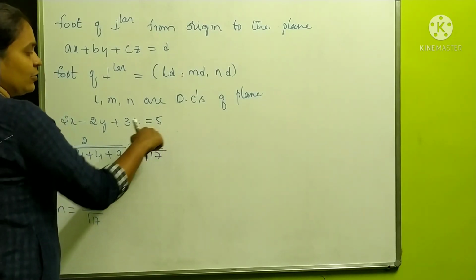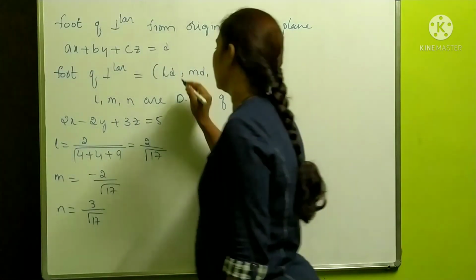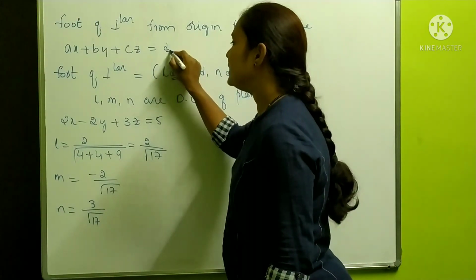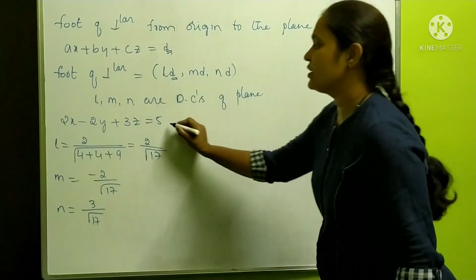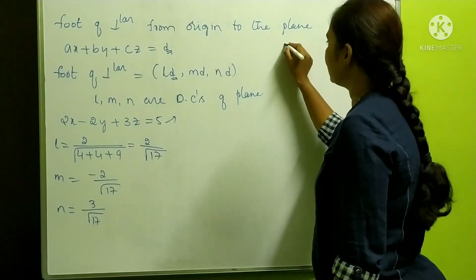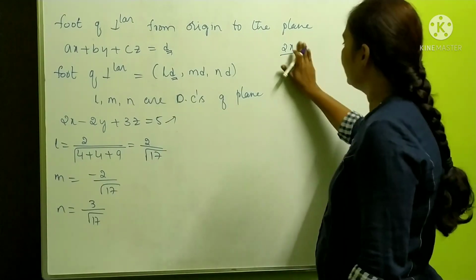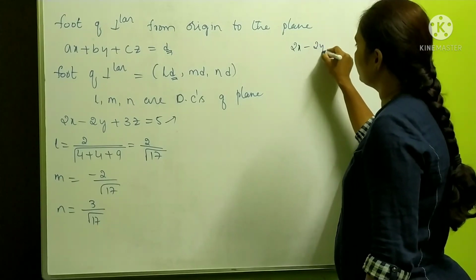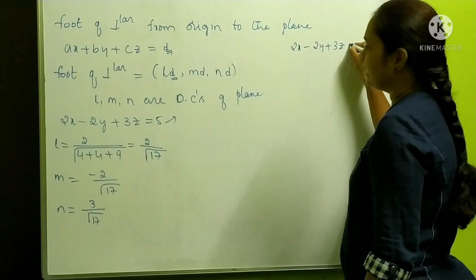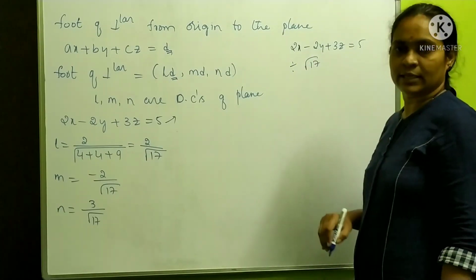Okay. Your D value is 5 only. Fine. Look here. See, this D is not this D. What you have to do? Let me take the equation like this. Let me divide 2x minus 2y plus 3z is equal to 5 by root 17.